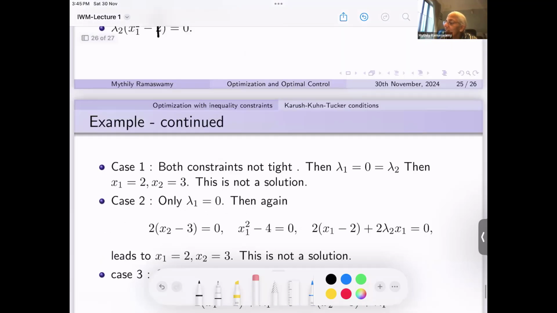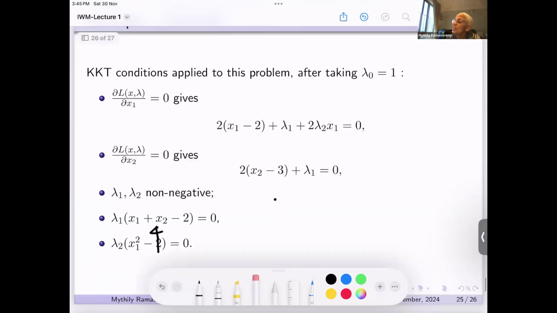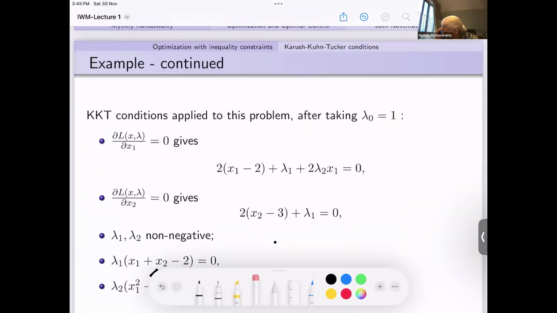The only condition is that sometimes the gradient of f or gradient of g is degenerate. At that time, I may require some such thing. Otherwise, we don't need it. Those are very pathological situations. So forget about lambda 0. Lambda 0 is always 1 for me.